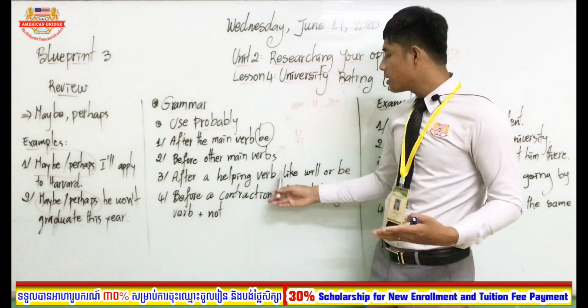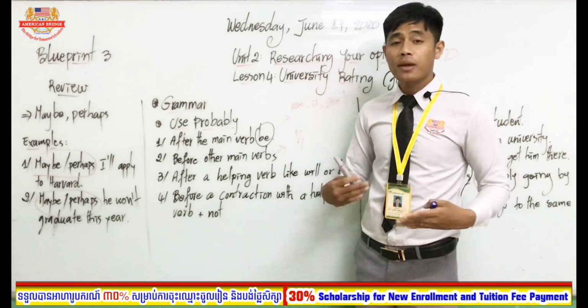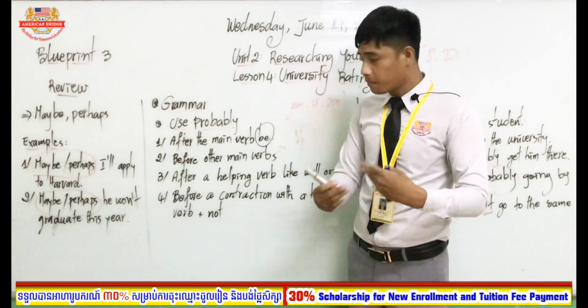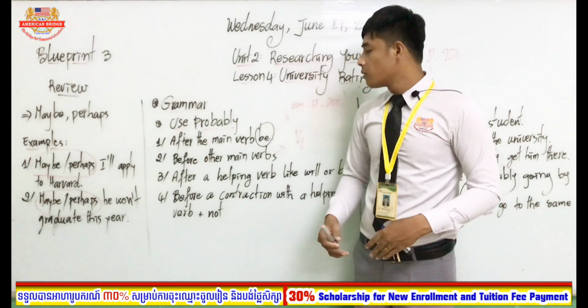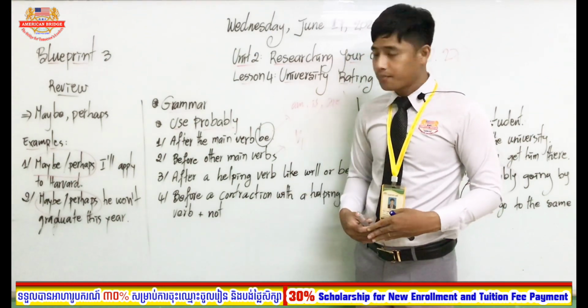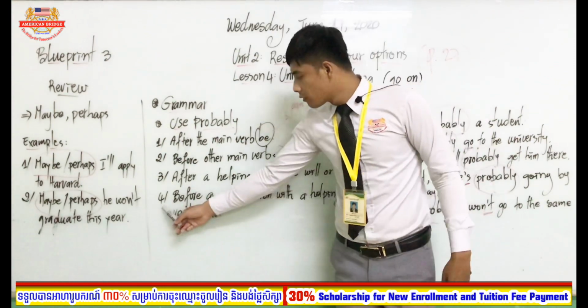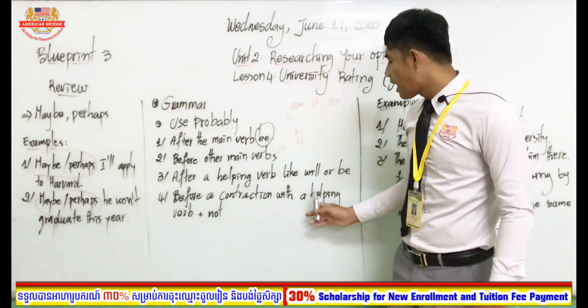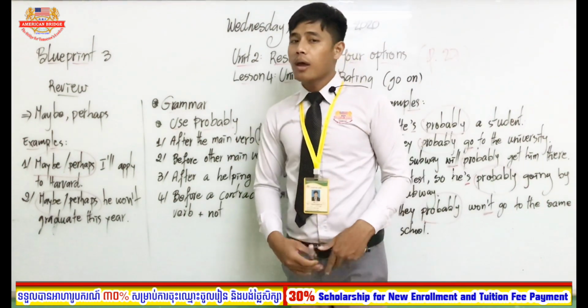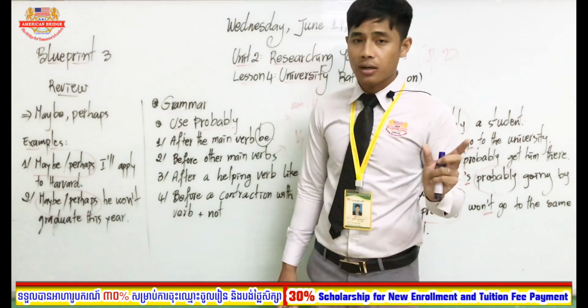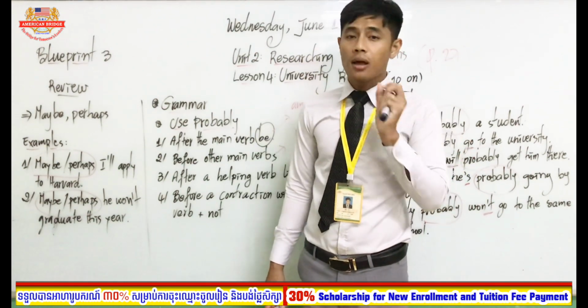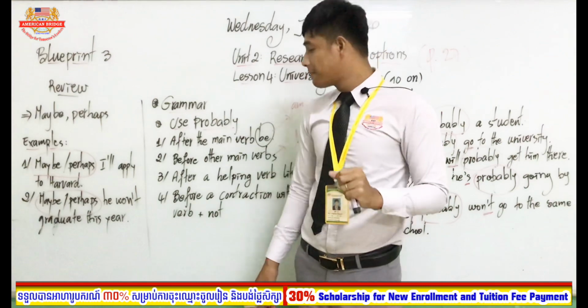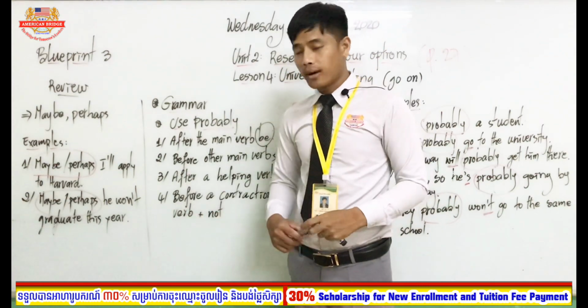After every helping verb, we use probably. Number four, before a contraction with a helping verb plus not. So if it is helping verb plus not, you have to put probably before it, right?